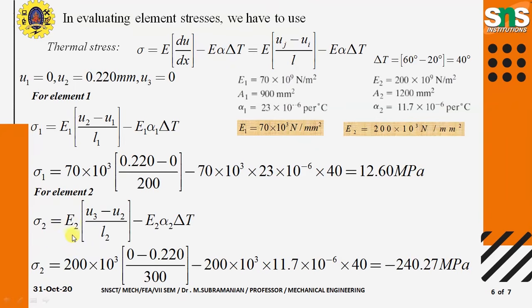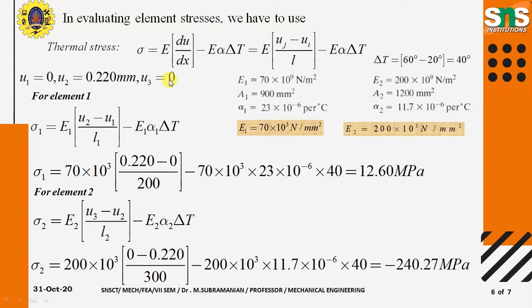The same procedure and equation are used to determine the element stress for element 2. Sigma 2, Young's modulus for element 2 is 200 times 10 power 3, times change in length divided by original length, that is U3 minus U2.